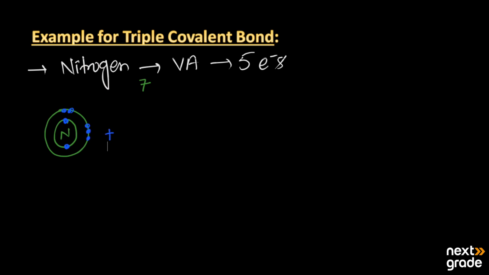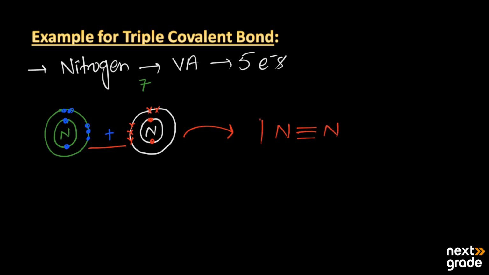Next, the second nitrogen again has 2 electrons in its first shell and 5 electrons in its valence shell. Now they will share 3 electrons and form a bond, the triple covalent bond, and we will show it with a triple line between the two atoms. This is the nitrogen molecule, which can be shown as N2, with a triple line between the N atoms.